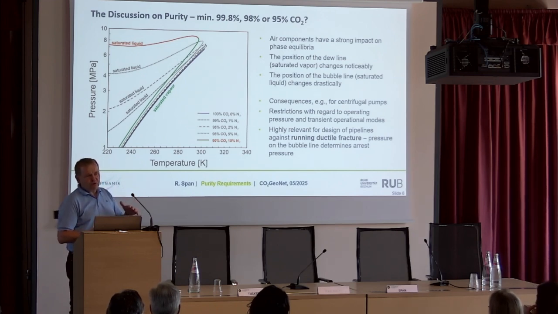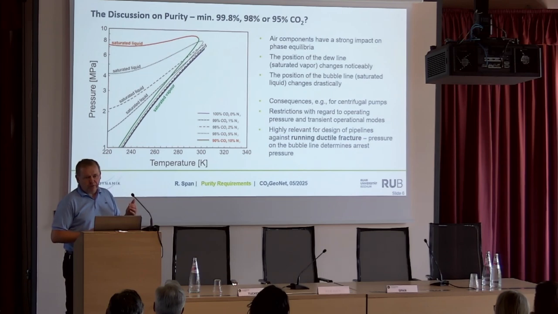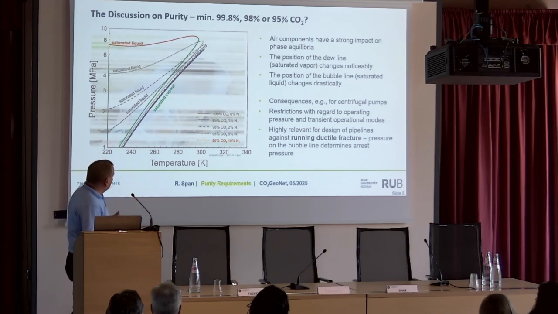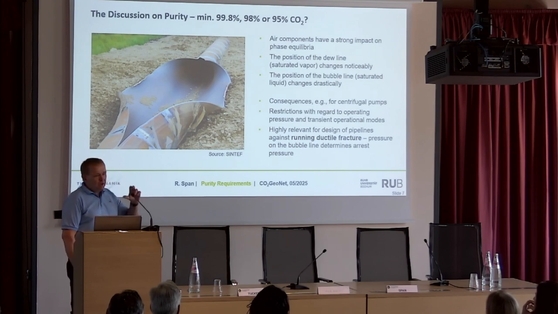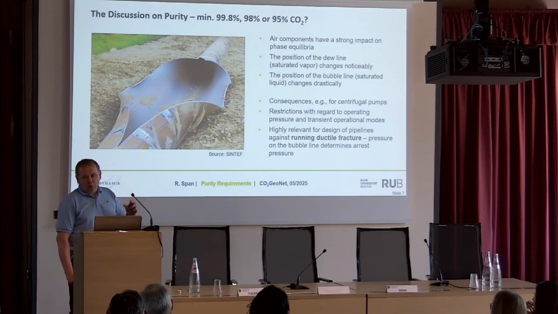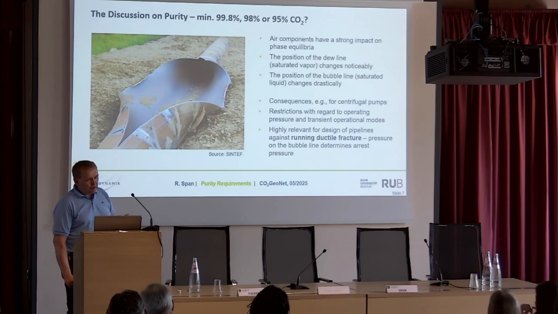And in the two-phase region, the speed of sound is much lower than in the liquid or in the gas phase. So it's likely that cracks move faster than the decompression wave. And that's what we call running ductile fracture. And that's something pipelines need to be designed against. So if you have more nitrogen in the CO2, you need thicker walls in the pipeline to be safe against running ductile fracture.